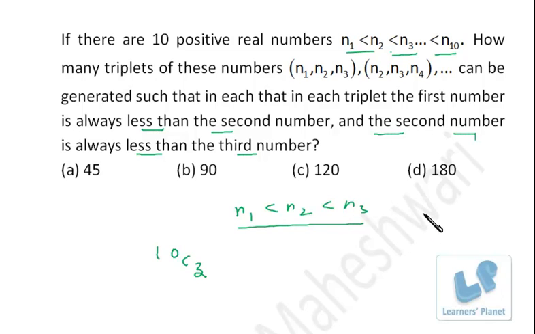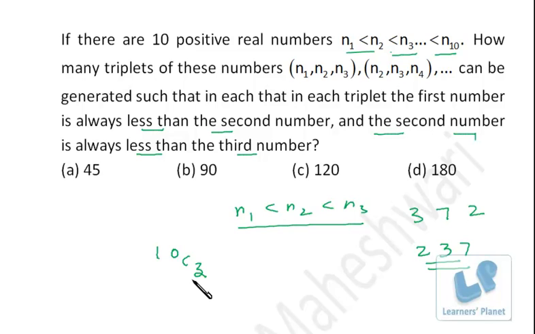Suppose we chose the three numbers as 3, 7, 2, right? So in how many ways can we arrange them? Where the numbers are in ascending order, that will be just a single arrangement, that is 2, 3, 7, right? So we got all the combinations of three numbers from these 10 numbers, and there is a single way of arranging these three numbers, that is the ascending order, right?